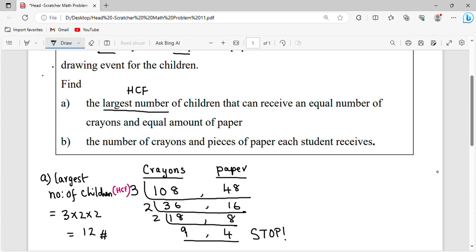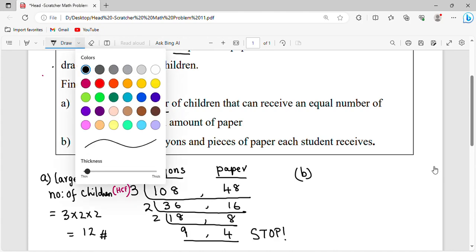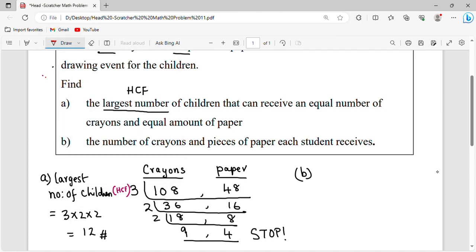Now, if you look at part B, how many crayons and how many pieces of paper will each of these students receive? So you will see that each student will receive 9 crayons and each student would receive 4 pieces of paper.